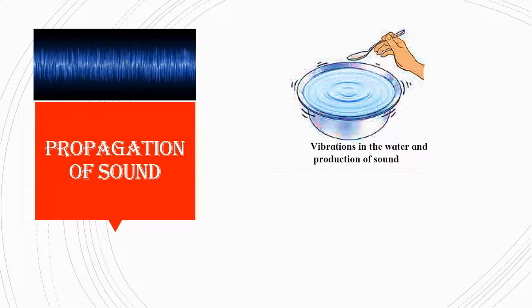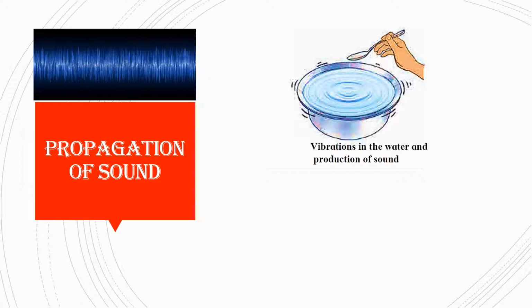As the rim of the pot vibrates, these vibrations are passed on to the nearest layer of the water in the pot. And the water layer starts vibrating and spreads the vibrations in all directions. So as a result, waves are formed on the water in the pot.